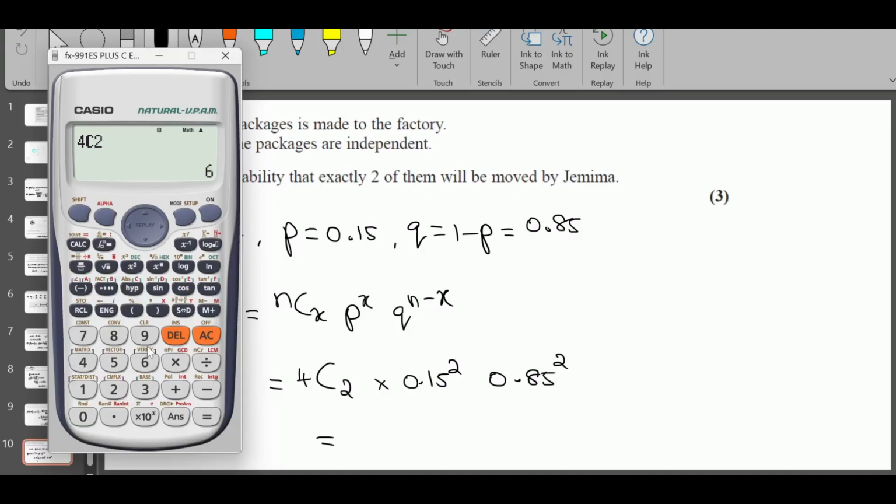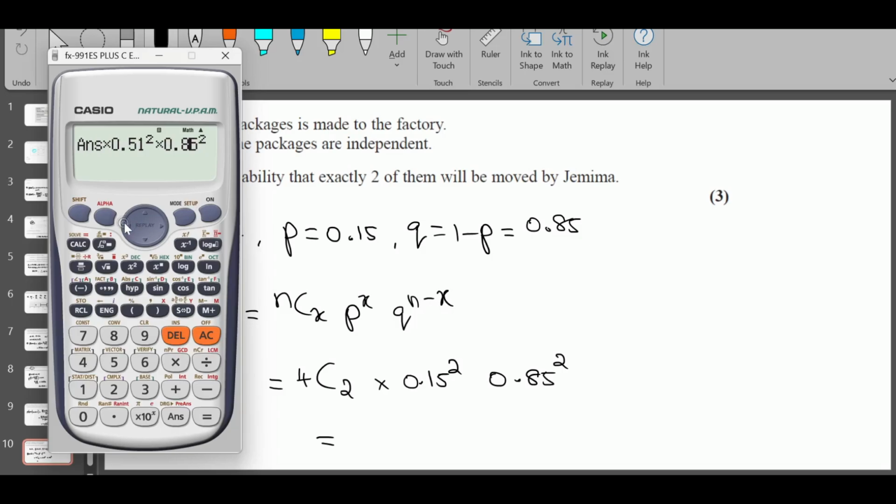4C2 is 6, times 0.15 squared times 0.85 squared. Wait, it won't be more than 1.